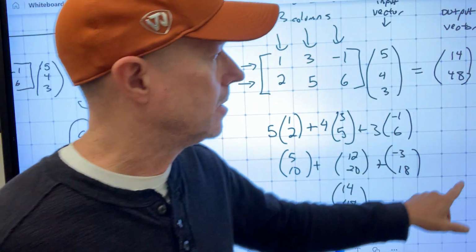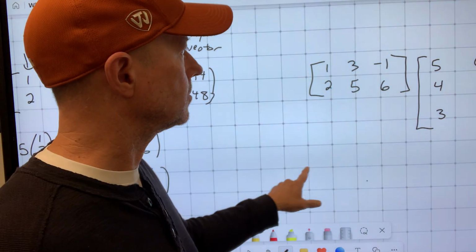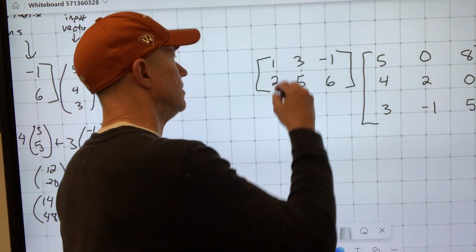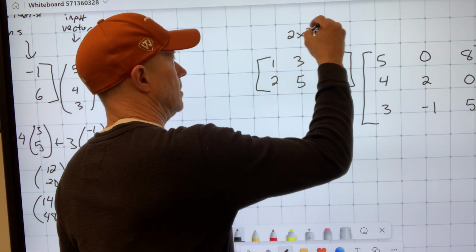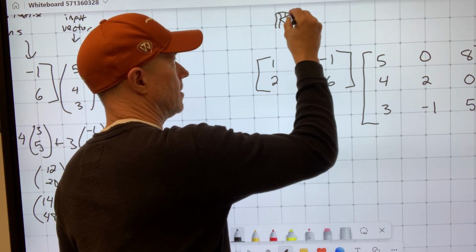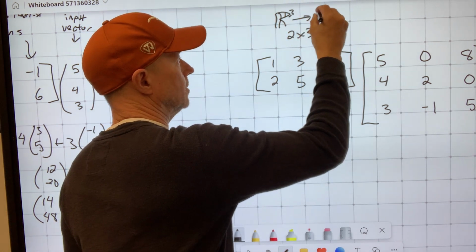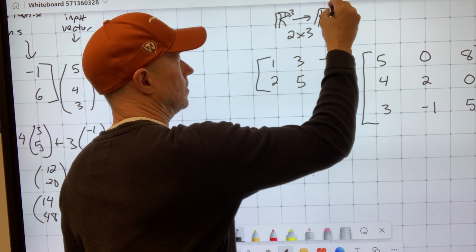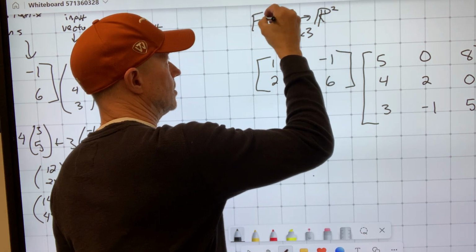Okay. So here's an example. Again, we have our 2 by 3. So that means we're going from R3, the number of columns, to R2. That's what this function is going to do.